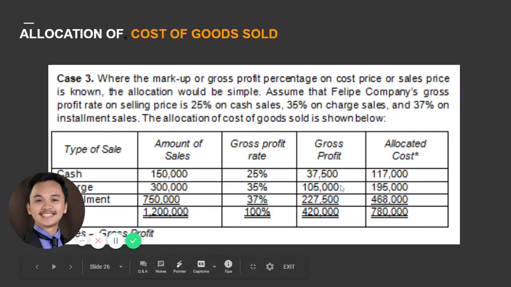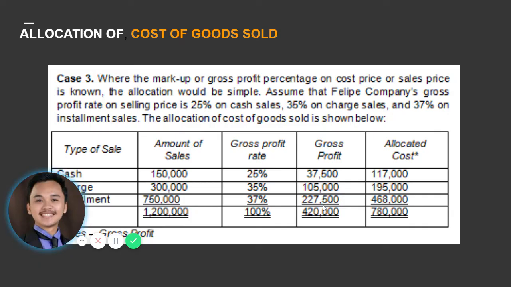And then create a ratio. So we have 37,500 over 420 times 780,000. So cost of goods sold allocated to cash will be 117, 195 for charge, and 468,000 for installment.